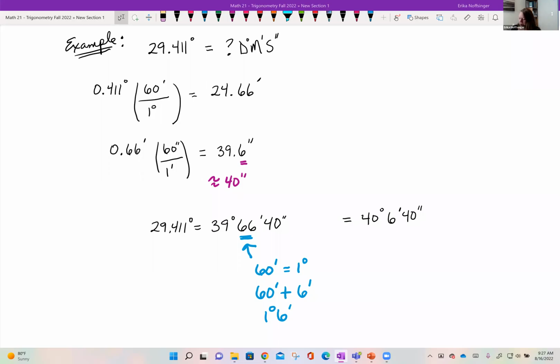I guess I'm not awake right now, but I don't know why I wrote the 29 degrees part as 39. That should be 29 degrees, 66 minutes and 40 seconds, so rounding up 1 degree from 29, that should be 30 degrees, 6 minutes, and 40 seconds.